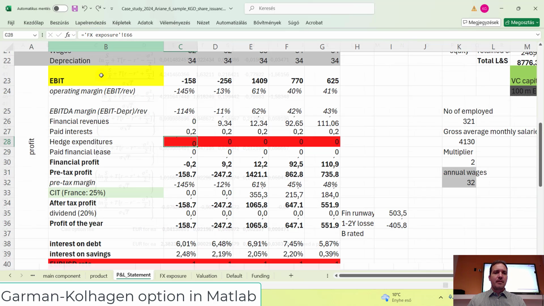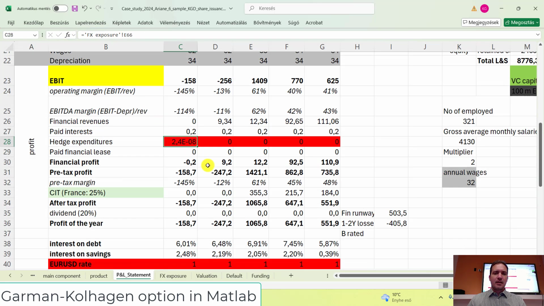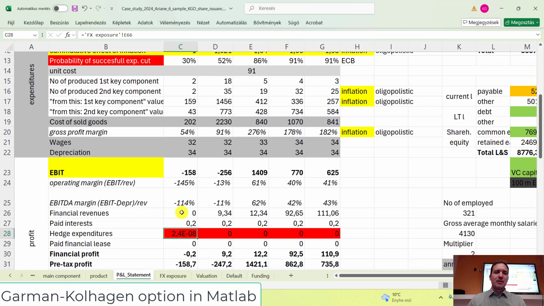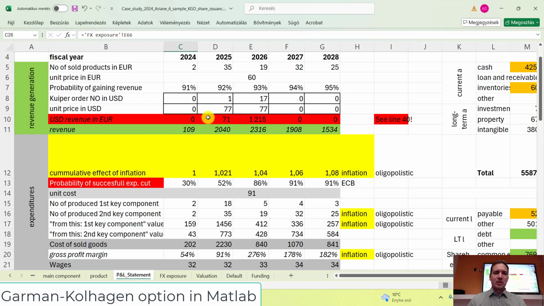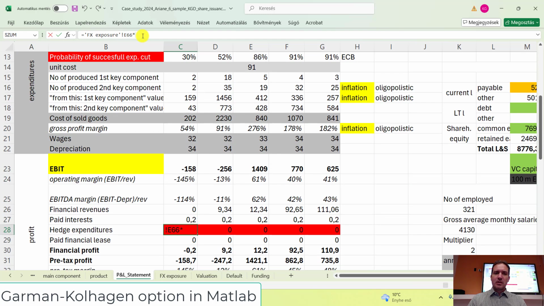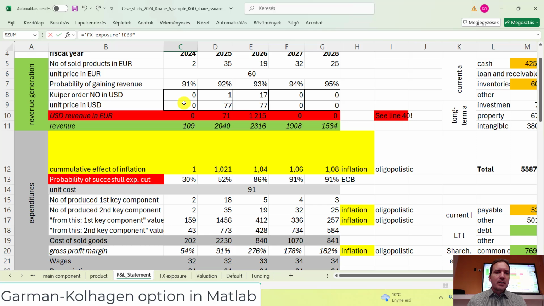This number. But the problem is that this is just for 1 unit of US dollars and we have multiple of them. So we have to multiply it with the number of units, the price in US dollar, USD revenue.